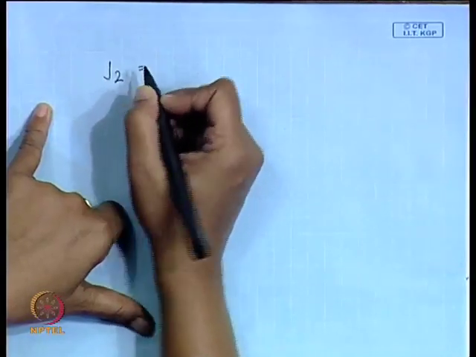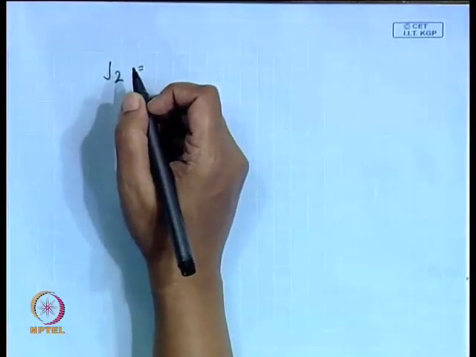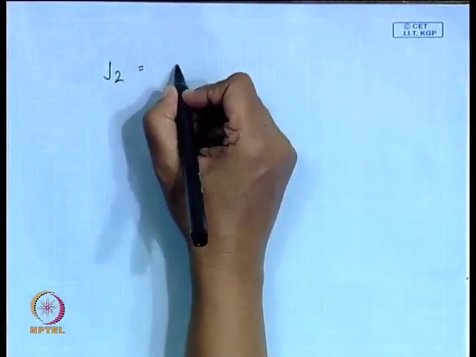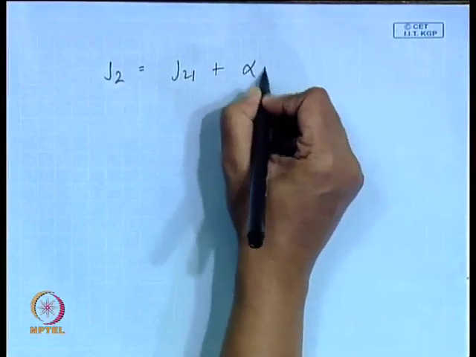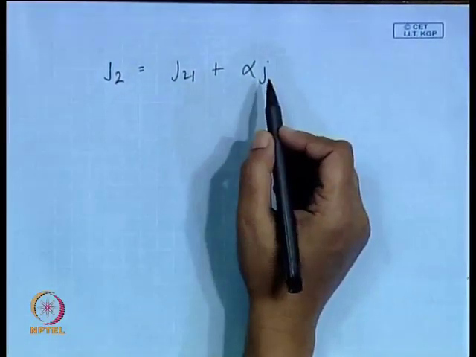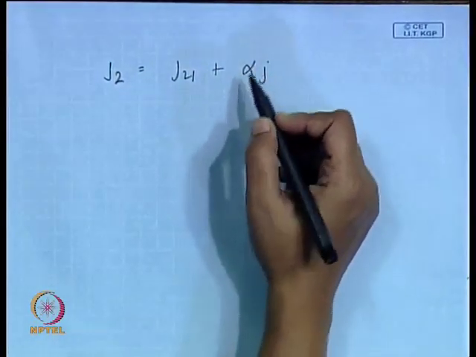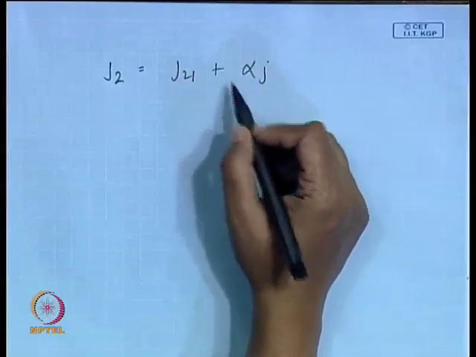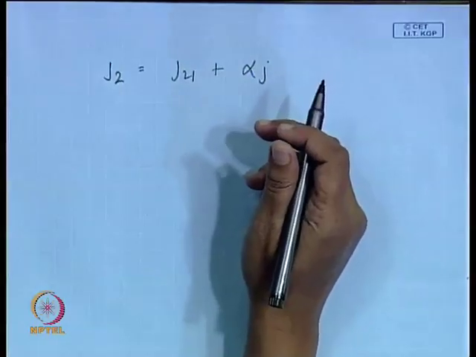Finally we derived the final expression of the drift flux model, J2 equal to J21 plus alpha j. From this we calculated alpha, and accordingly that alpha was substituted in the different expressions.